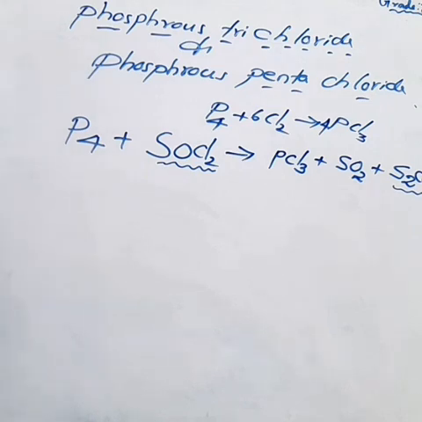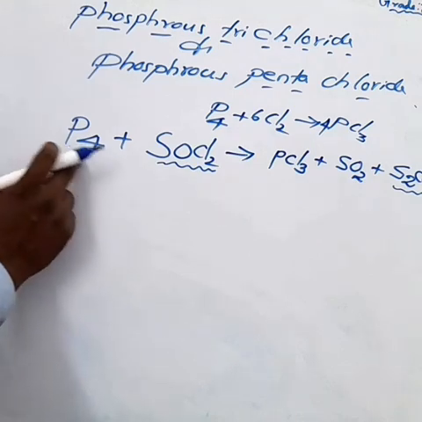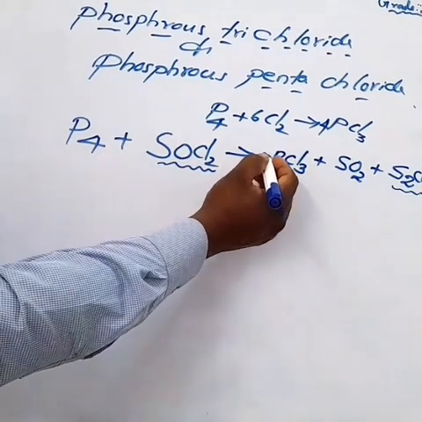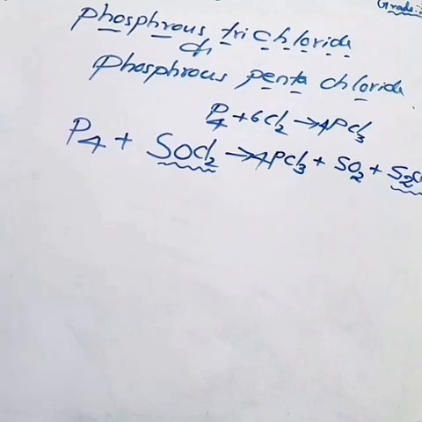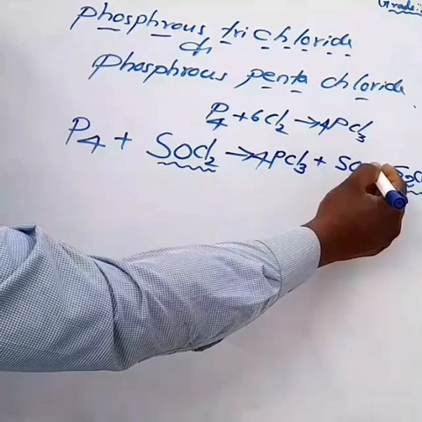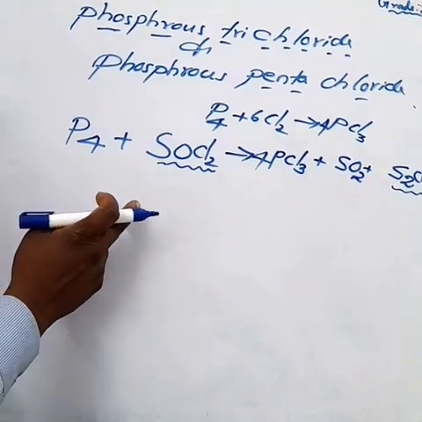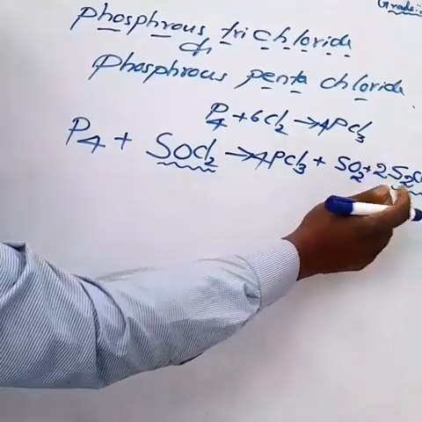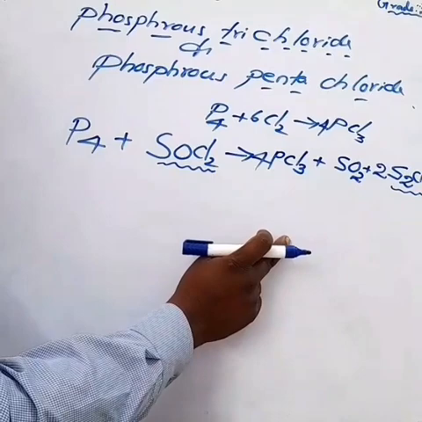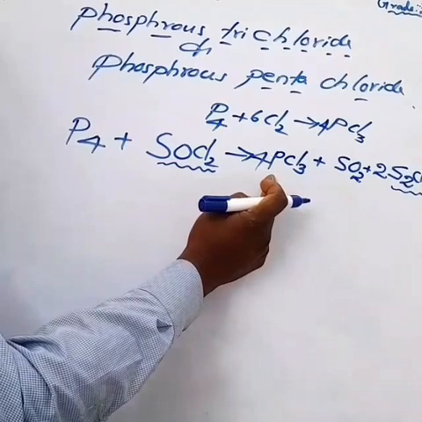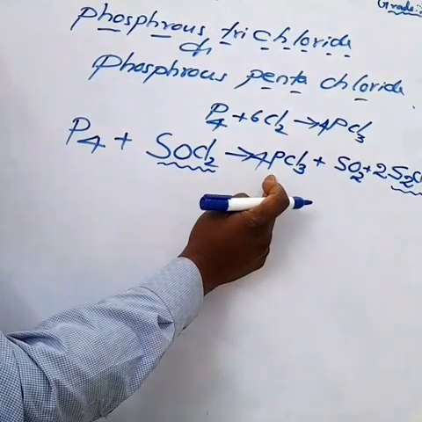How can you balance the equation? Phosphorus is polyatomic, am I right? So P4 on the reactant side, and on the product side make it 4 PCl3. Phosphorus is balanced. What about the chlorine? Here S2Cl2: if we make it 2S2Cl2, how much total chlorine is there? 2 twos are 4, and 4 threes are 12, so 16 chlorine.